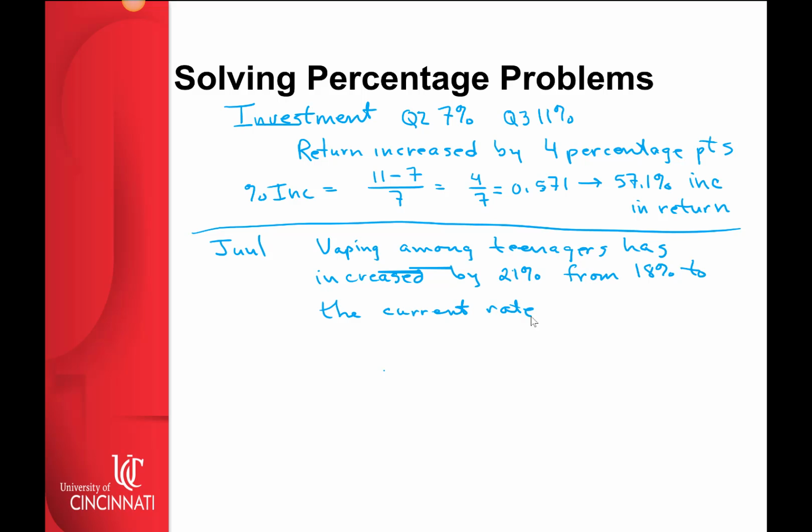What's the start point? 18. Good. So let's pick this apart. The original percentage is our 18%. How much has it increased? Or let me rephrase it. What's the 21? It's the amount it's grown, isn't it? Now, when you're computing a percent increase or a percent decrease, do you add or multiply?